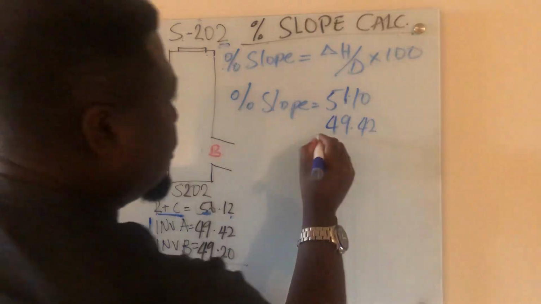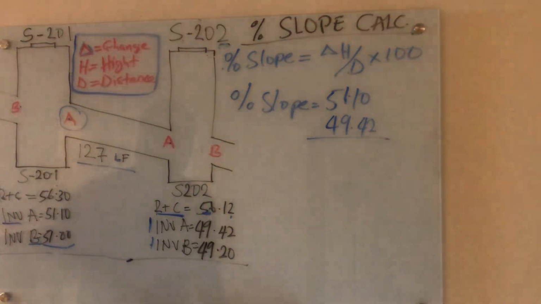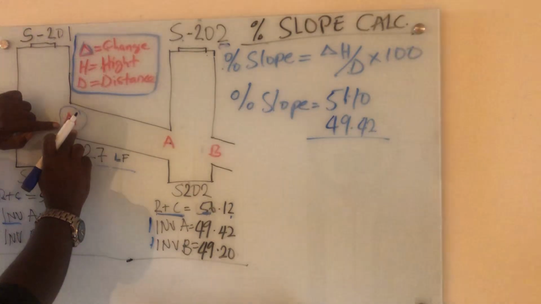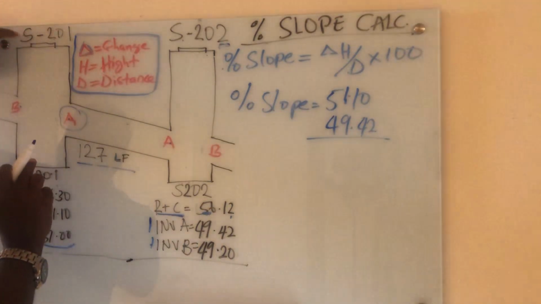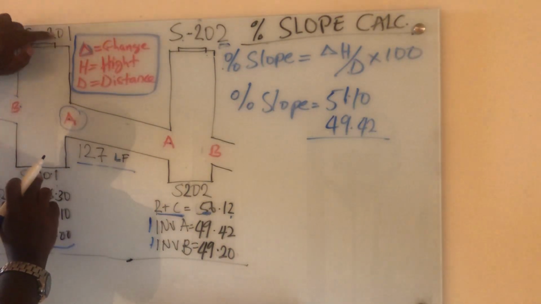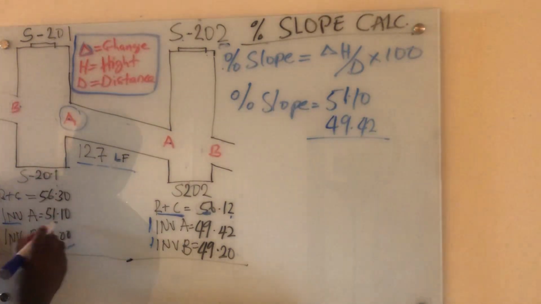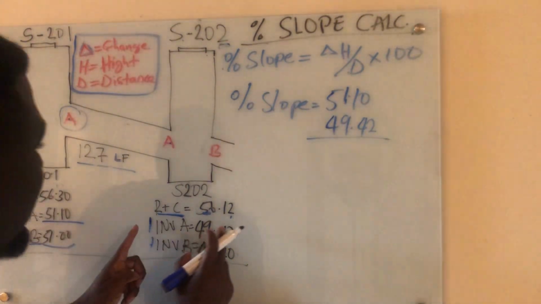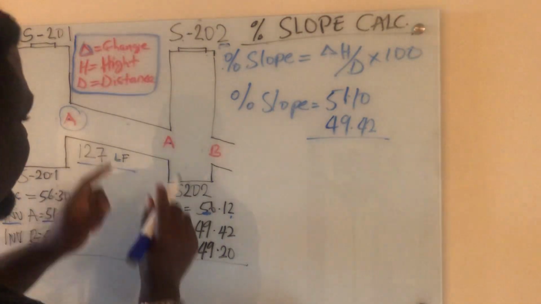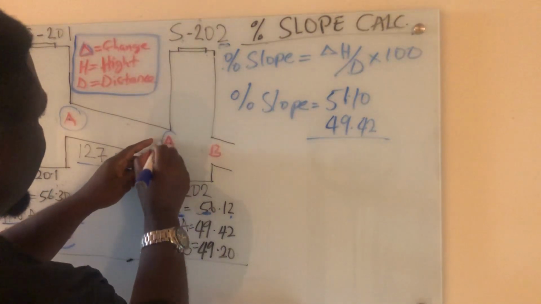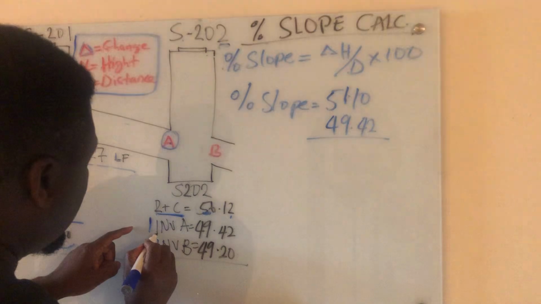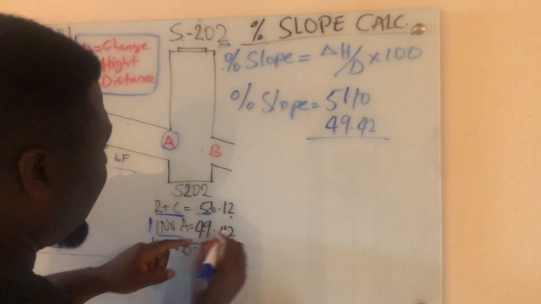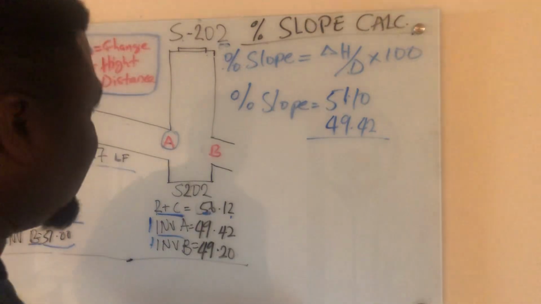All right, so pay attention here. We are dealing with the invert here. The invert A for structural number 201, we are using 51.10. And then we come to the invert A right here from structural 202, we are using 49.42. So that's what you see here.